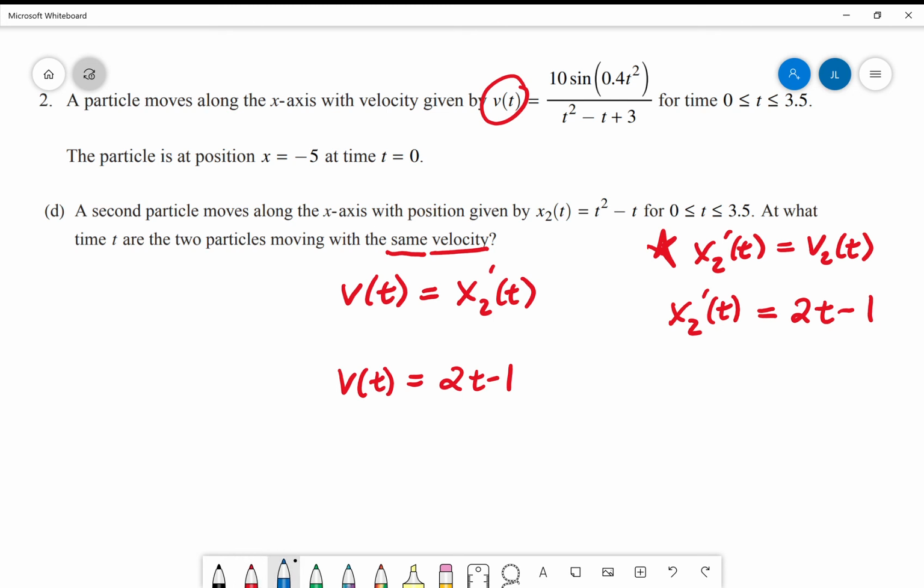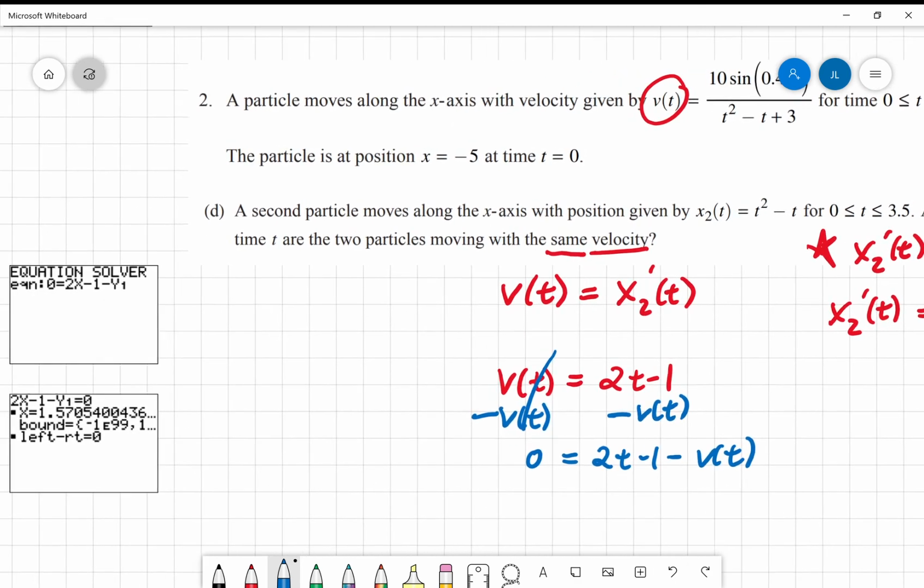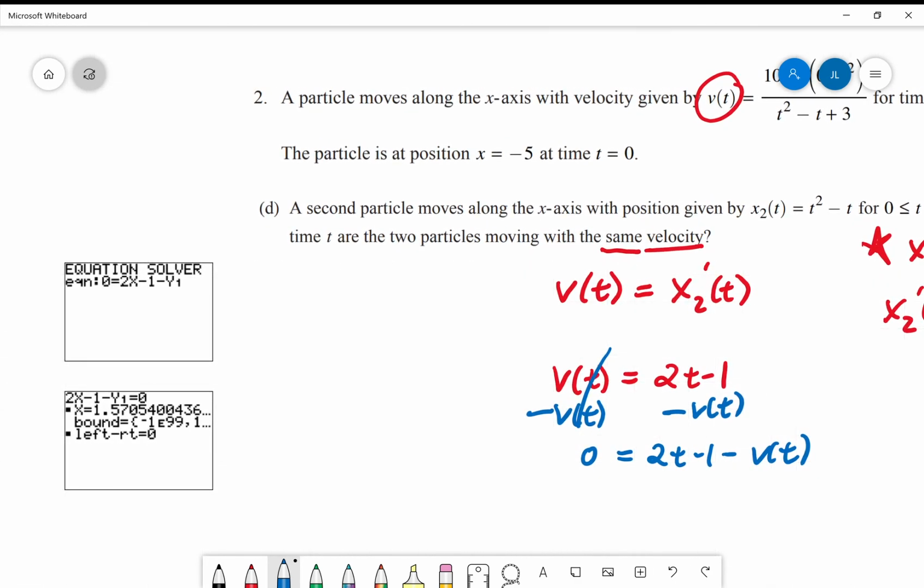And if you're using a TI-84 with equation solver, you want to make sure that this whole equation is set equal to 0. And we can do that by subtracting v of t from both sides. So v of t cancels. We have 0 is equal to 2t minus 1 minus v of t. So you just want to type in the right-hand side of this equation into equation solver, where y sub 1 represents the velocity function that we have stored already.